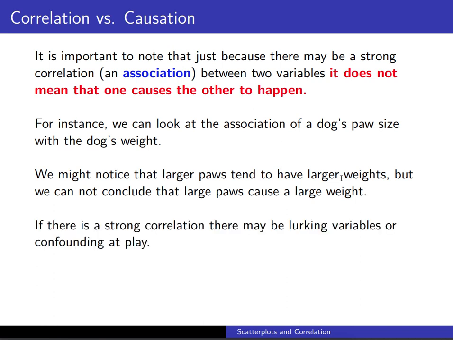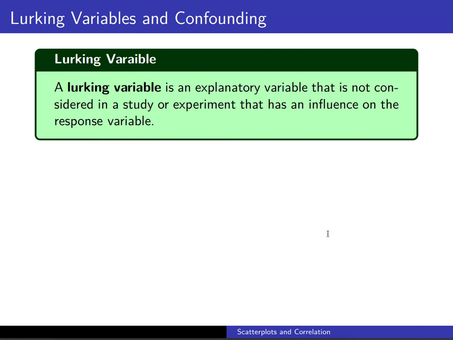So if there is a strong correlation, though, between the larger paws and the larger weights, there may be lurking variables or confounding variables at play. So what a lurking variable is, it's an explanatory variable that's not considered in a study or an experiment that has an influence on the response variable.